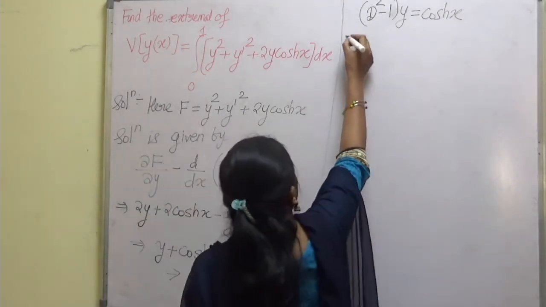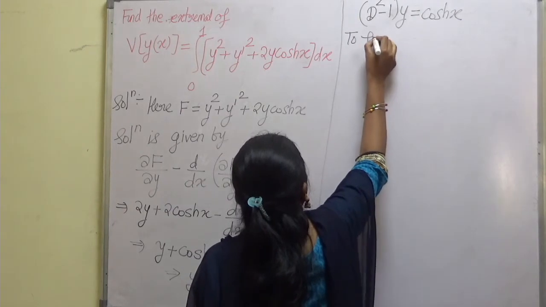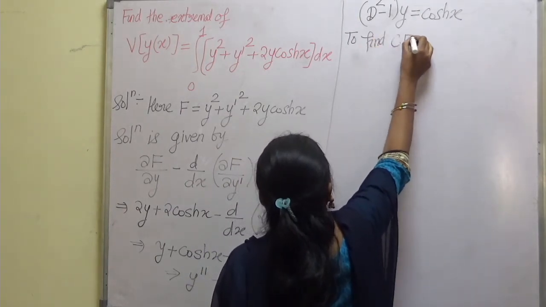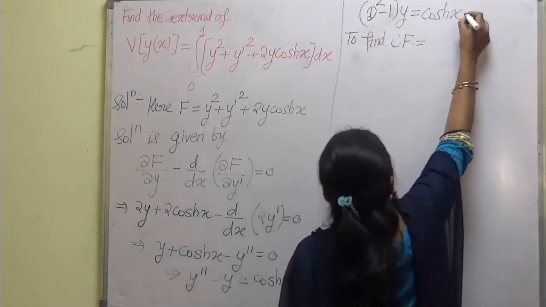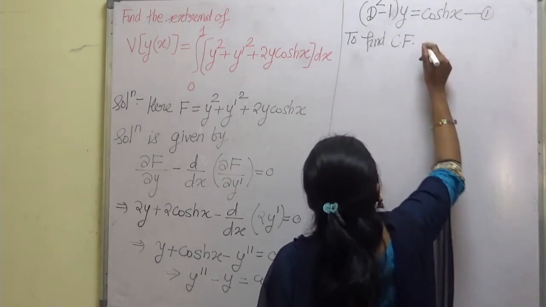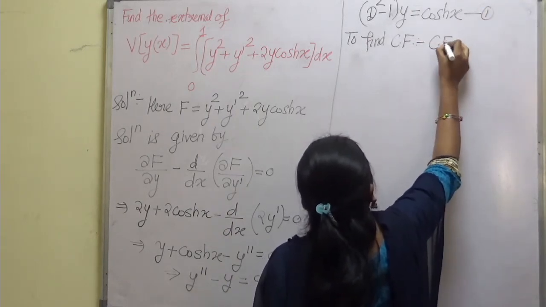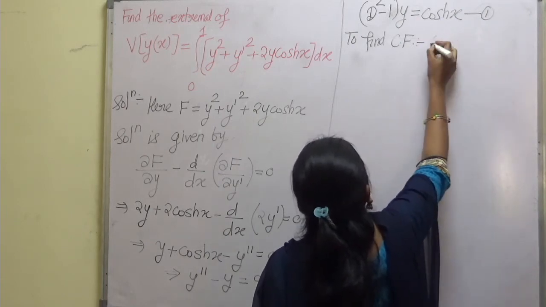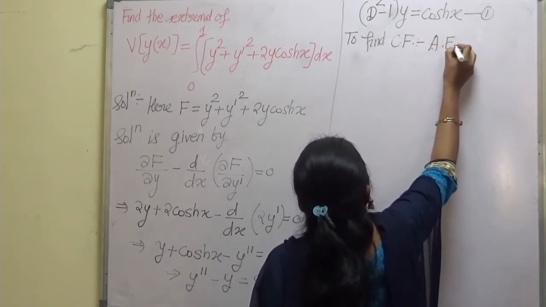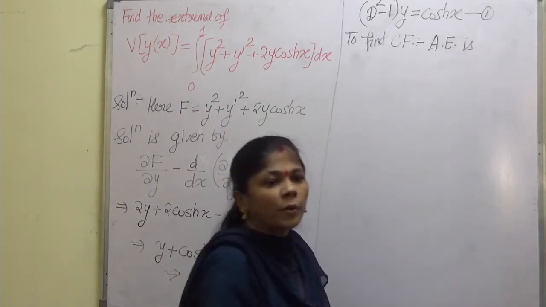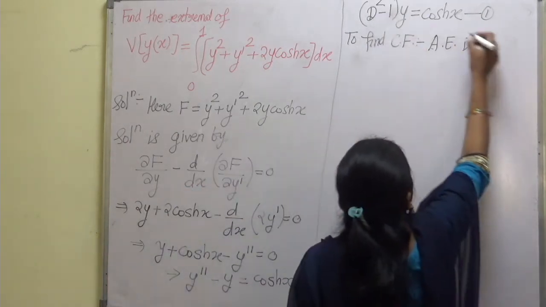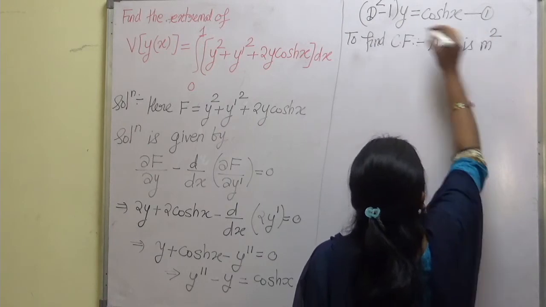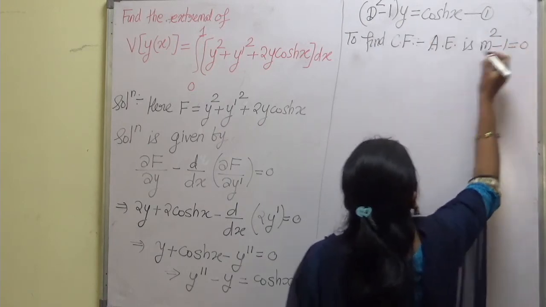Find out CF. To find CF, the complementary function, we need the auxiliary equation. Now what is the auxiliary equation? Replace D by m and equate this operator term to 0. So m square minus 1 equal to 0.